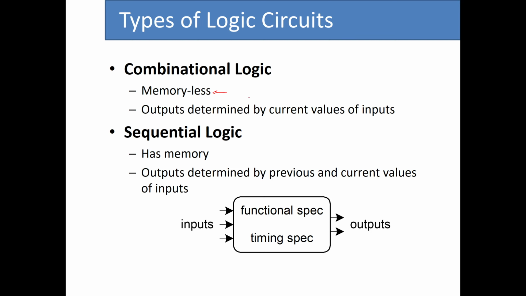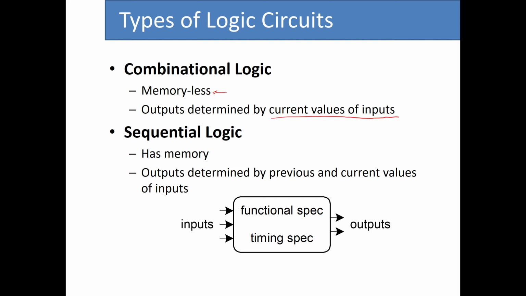In other words, the outputs are determined by the current values of the inputs. There is no sense of memory. What happened before doesn't affect what happens next, right? At any given moment, the output is determined by the input at that exact moment.